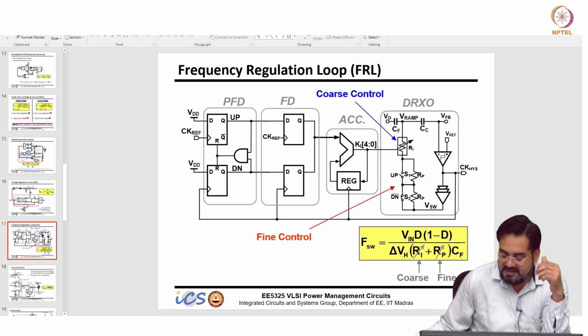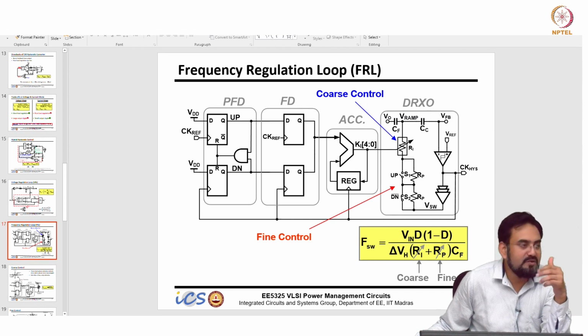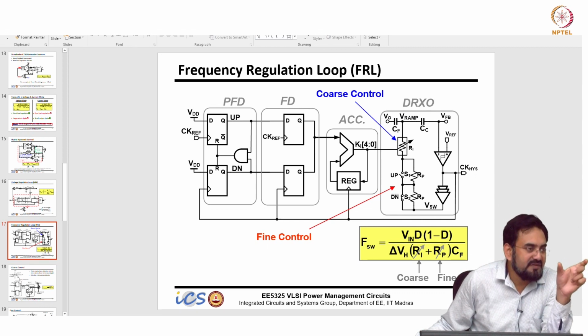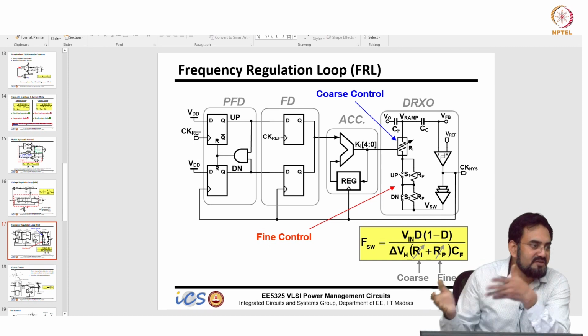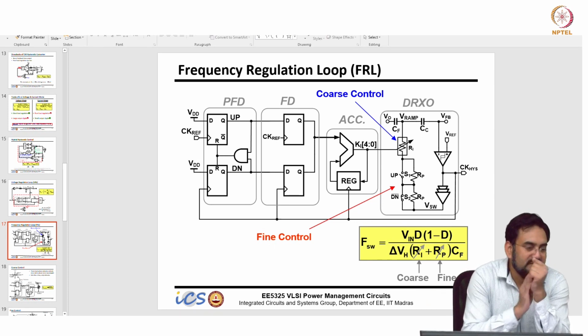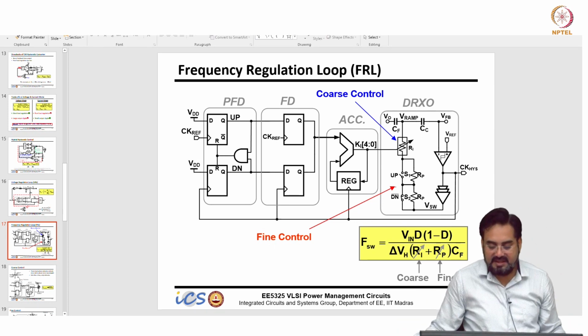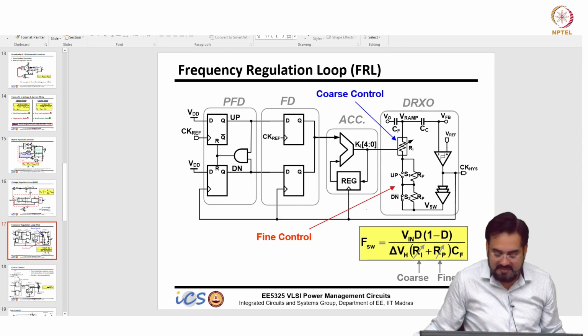Let us say I have a resistor of value R, and I have a switch and turn that resistor on and off with a particular duty cycle at some frequency, then the effective resistor will become D times R.